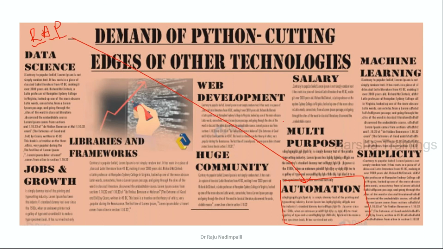Python is a multi-purpose language, and right now I'm also using Python for IoT applications. Earlier we used C language, now we are using Python for automation and IoT kind of applications. Is it okay? And the simplest thing is it is very simple to learn and easy to apply. Clear?